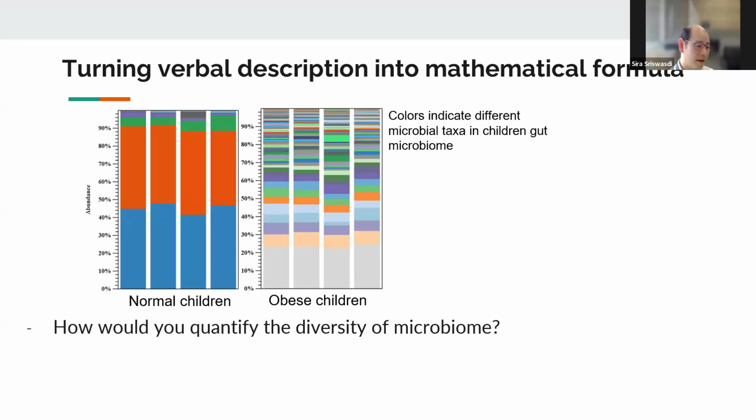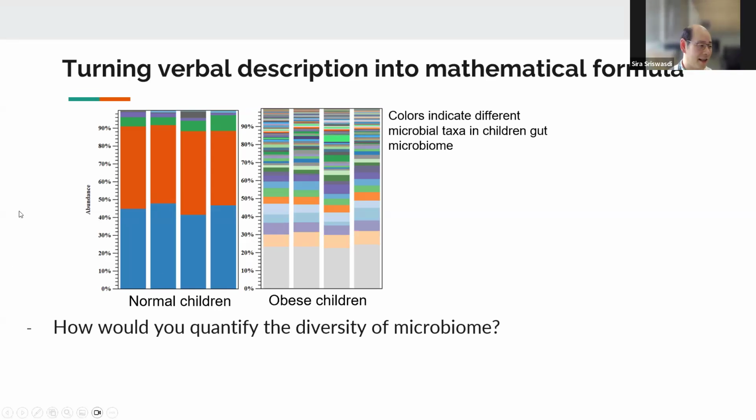Okay. Another aspect of computational thinking is not only to do statistical tests, but we also want to come up with computational or mathematical formulas that can describe certain aspects of the data. For example, if we study the microbiome, like the bacteria inside the gut of normal children and maybe obese children, these are all hypothetical, don't take it seriously.